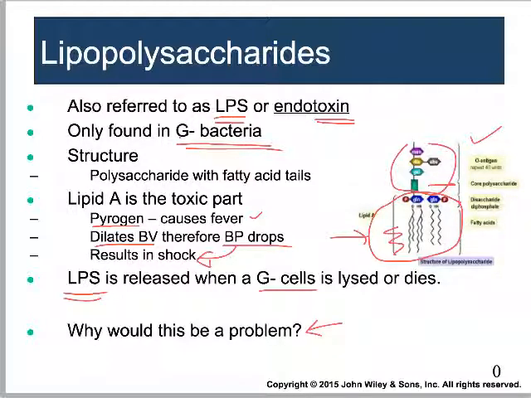It could also cause a problem because E. coli is gram-negative, and it's used to make different things, like drugs, so biomanufacturing, and you don't want any of the lipopolysaccharides in there. We'll talk about that more as time goes on.